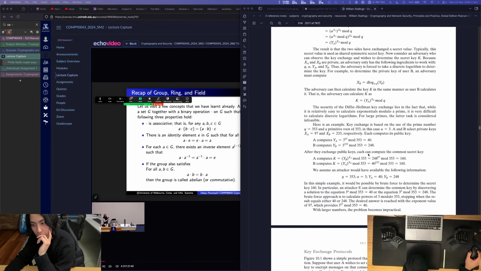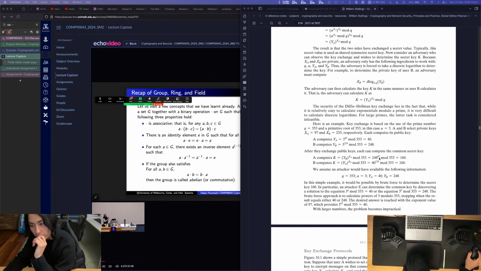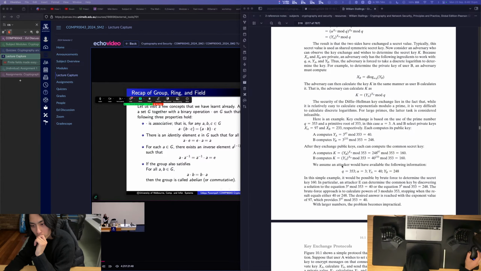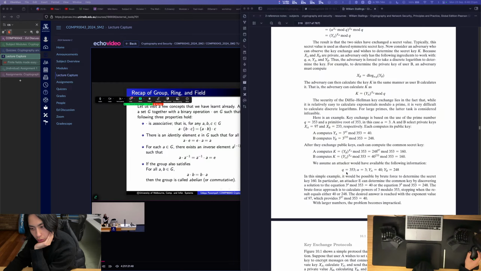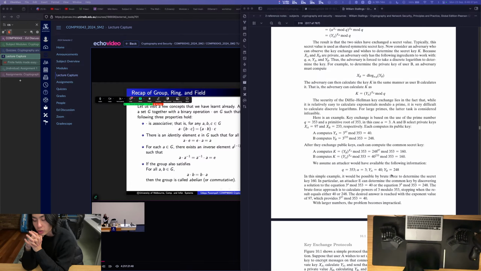After the exchange, each can compute the secret key. We assume an attacker would have available the following information: q, alpha, YA equal to 40, YB equal to 248. In this simple example, it would be possible by brute force to determine that the secret key is equal to 160.